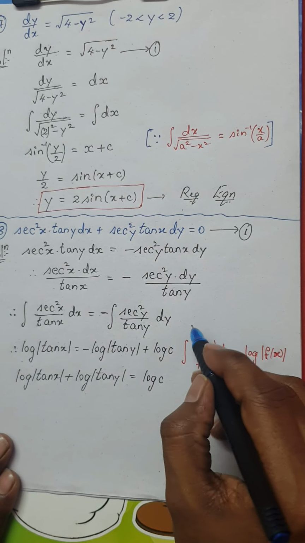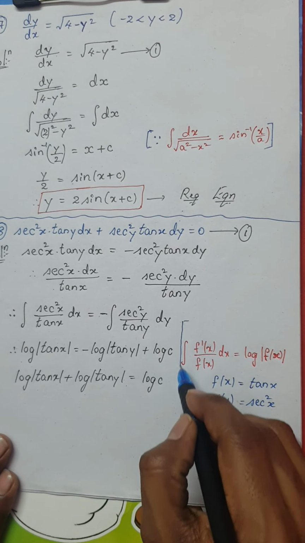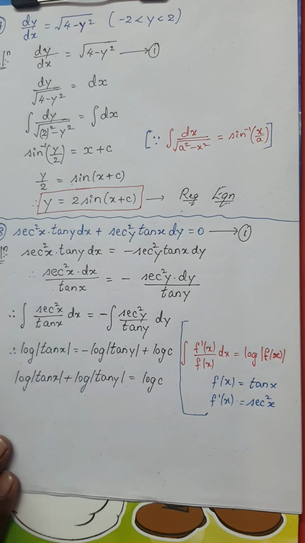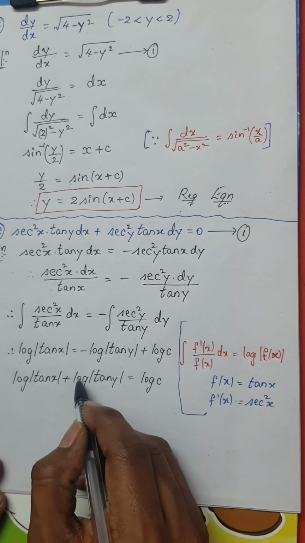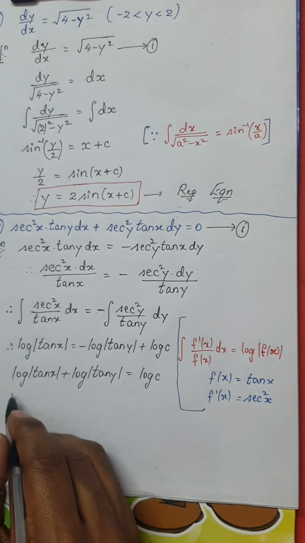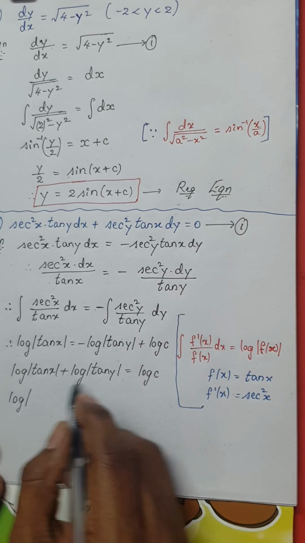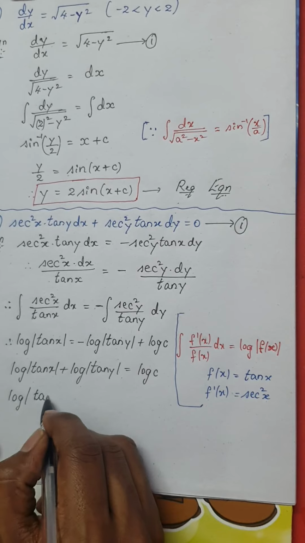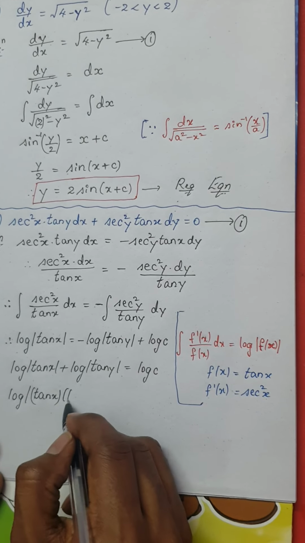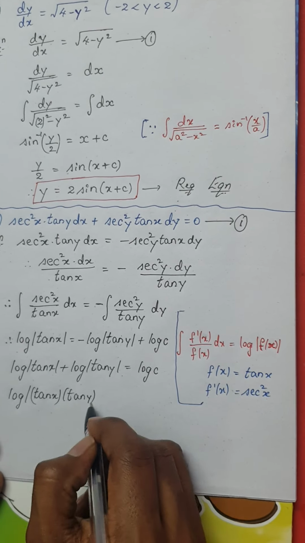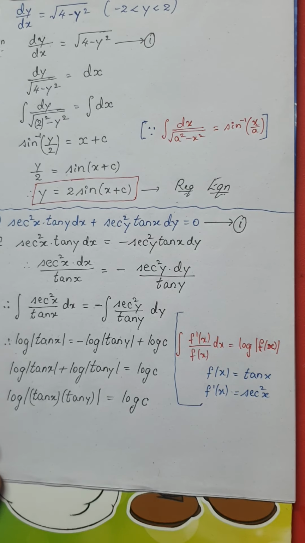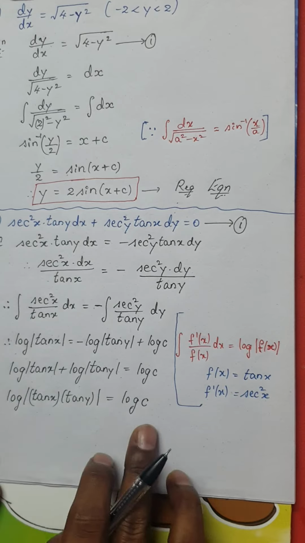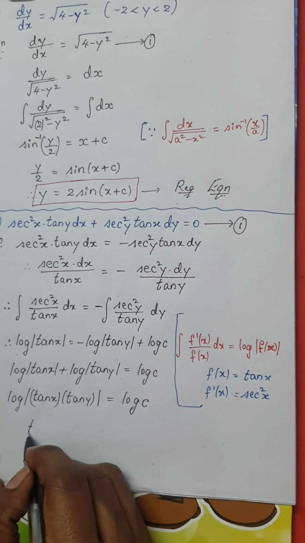Always have the working part to the right hand side. Don't mess up with your answers. Now using the laws of logarithms, log m plus log n can be written as log of m into n. So this becomes log of mod tan x into tan y is nothing but log of c. Now if you apply antilog on both sides, log and antilog cancel.